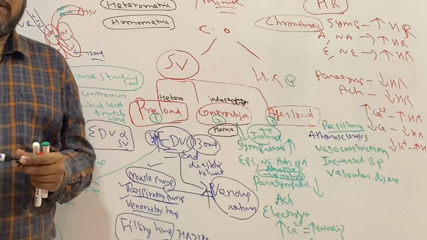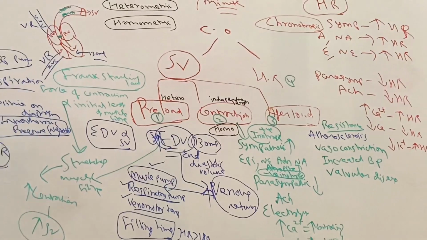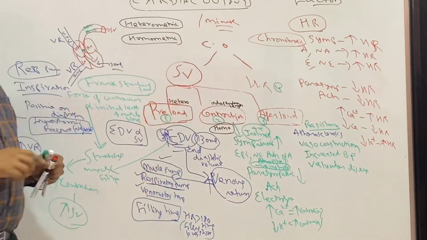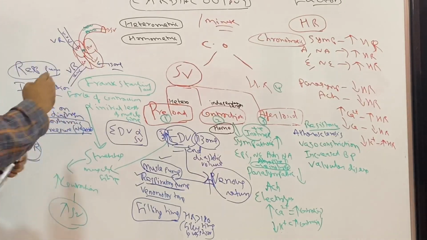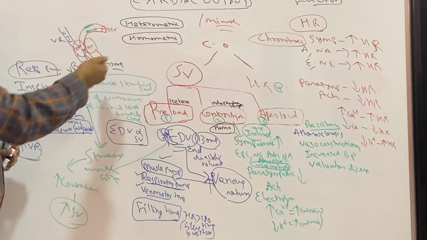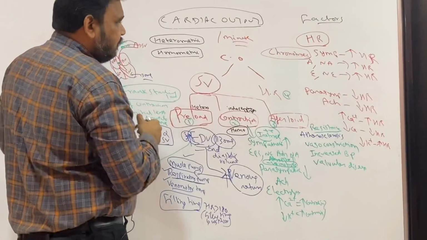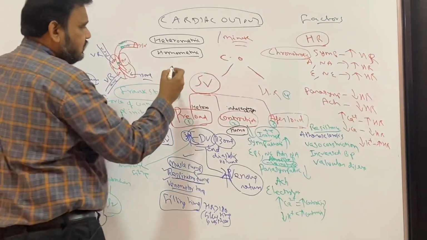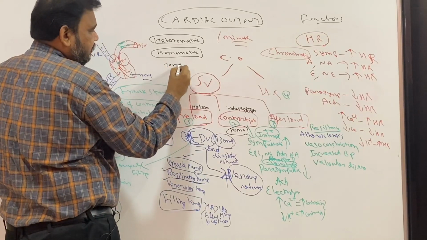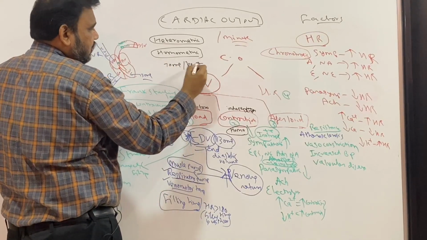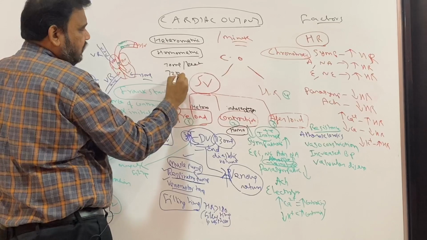So I want to summarize overall. Today I discussed cardiac output. The definition of cardiac output is the amount of blood ejected from the ventricles in 1 minute. I already mentioned, for 1 beat it is 70 ml per beat, and your heart rate is 72 beats per minute.